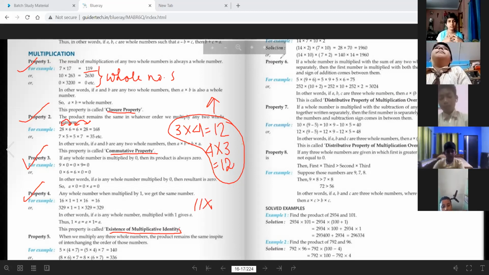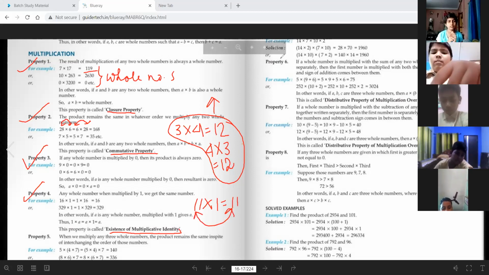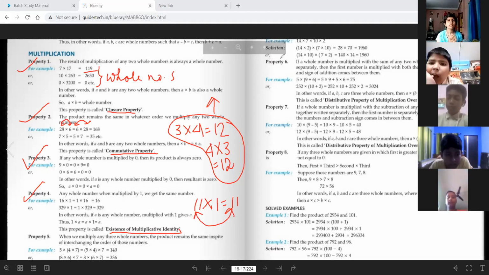If we are multiplying by 1, the number itself is coming back. So your identity card, your Aadhaar card, you are not a different person. Aadhaar card is also a valid proof. That is why it is known as your identity card. In the same way, while we are multiplying any number with 1, it is always coming as the same number.